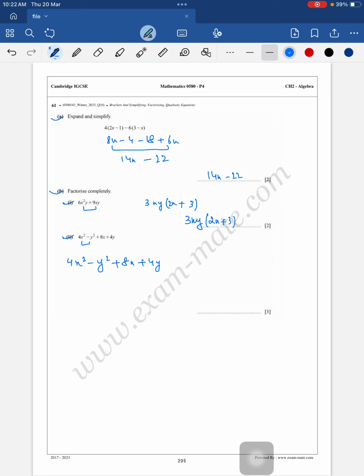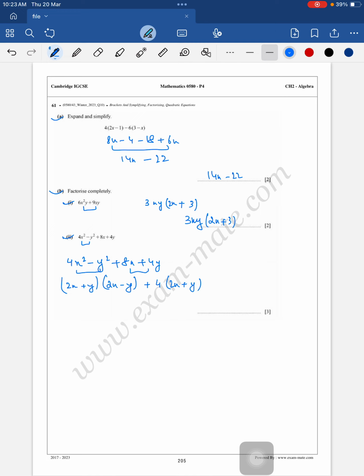In the first part, what I can do is I can apply difference of squares in this part. So that will be 2x plus y, 2x minus y, right? And in the next two terms, I can see that 4 is common, so 2x plus y.